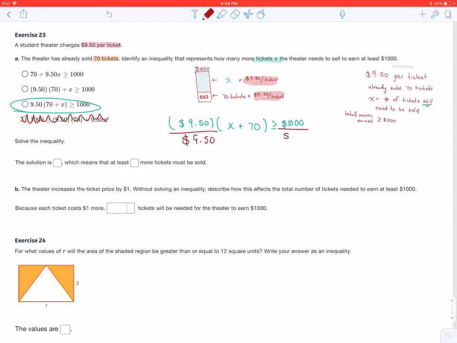So we can divide both sides by $9.50. And that's going to leave me on the left side with x plus 70 is greater than or equal to, and then we need to determine what is 1,000 divided by 9.50.